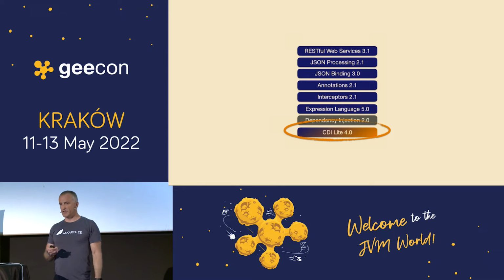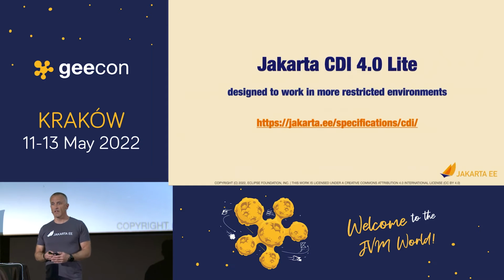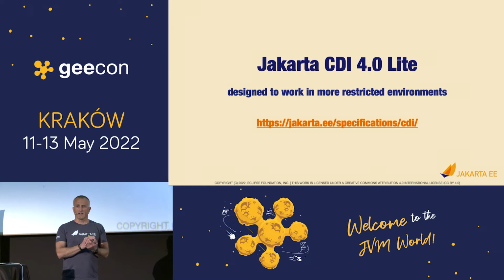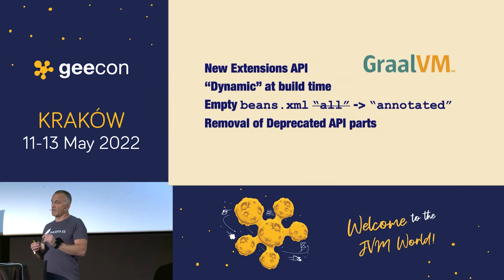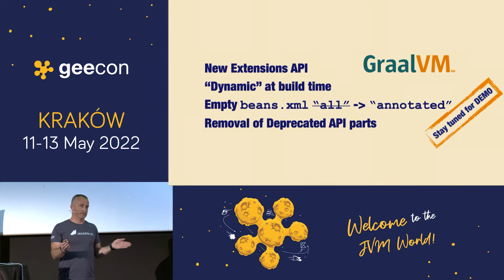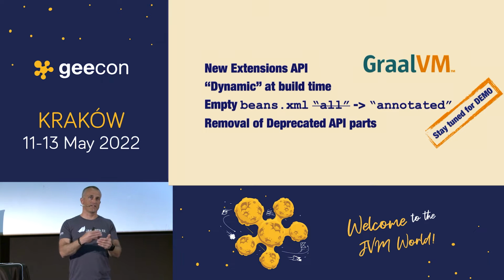And that brings us over to CDI Lite. And CDI Lite, or CDI 4.0 Lite, is targeting smaller runtimes, and it's designed to work in more restricted environments. And with more restricted environments, we mean that we want to add a new extensions API to enable the dynamic features of the portable extensions to be discovered at build time.